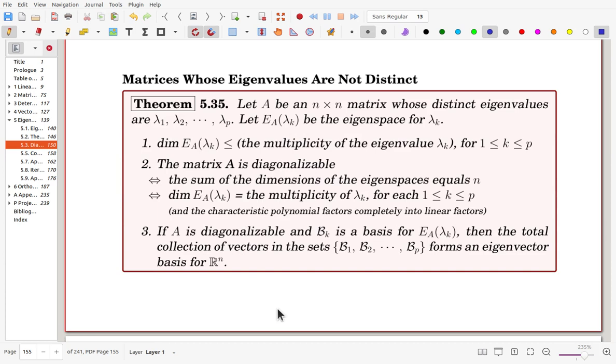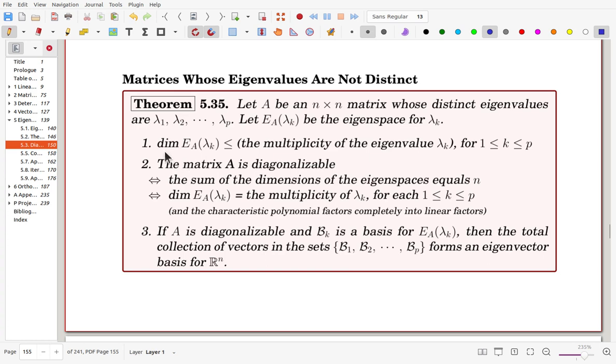Matrices whose eigenvalues are not distinct. A is an n by n square matrix whose distinct eigenvalues are lambda 1 to lambda p, and E_A(lambda k) is the eigenspace for lambda k of A. For matrix A and an eigenvalue lambda k, we use the notation E sub A lambda k for the eigenspace.